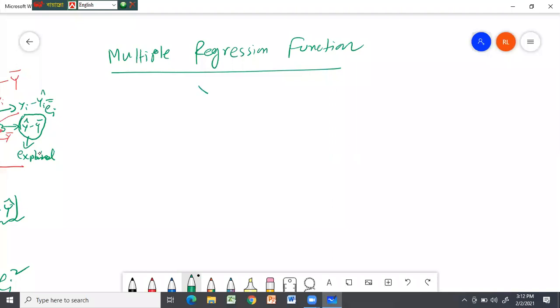In the earlier case you had only one x, only one independent variable. Now you will have x2 and x3 as two independent variables and a dependent variable y. That is why it is known as a three variable model.